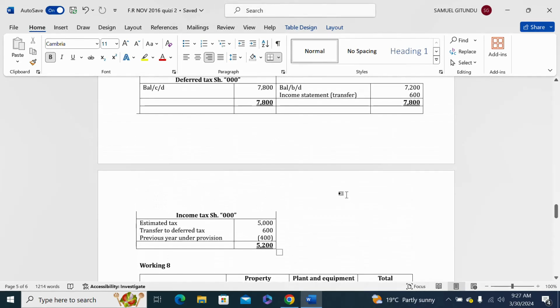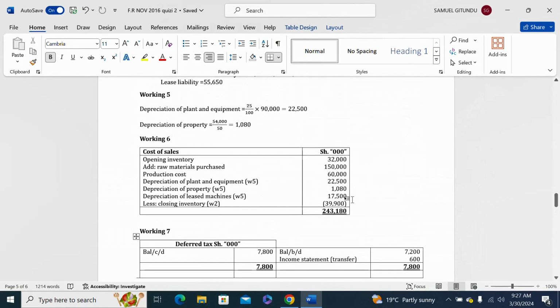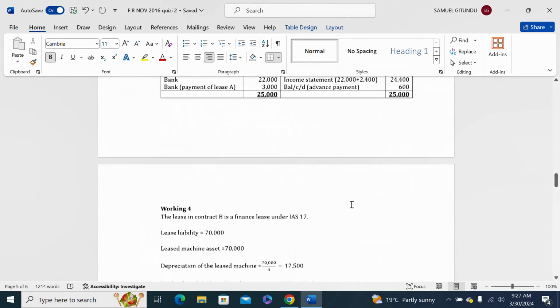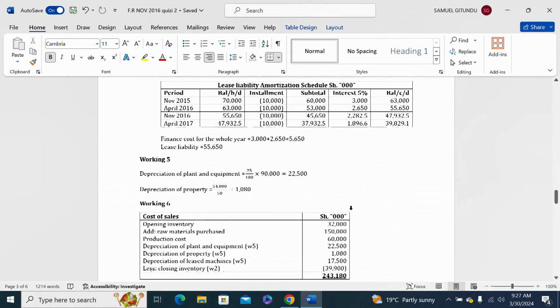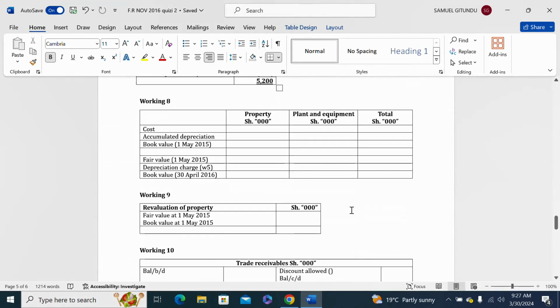I think at this juncture we can work out the statement of comprehensive income. We can first finish the additional information. Here we have the property, plant and equipment schedule.